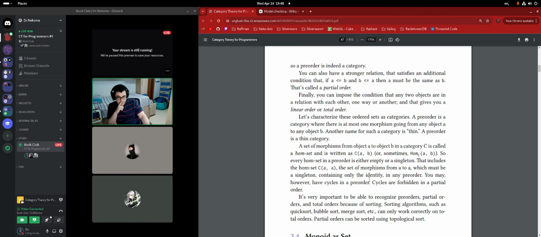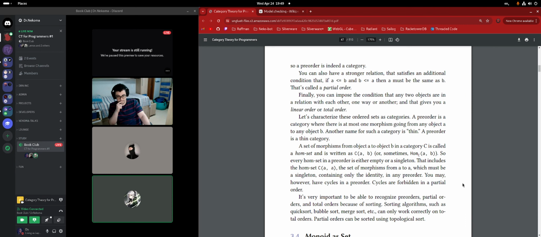Then we're going to define some nomenclature, like a glossary. We have a hom-set, which means that you have a category C with a set of morphisms from object A to B. One way to think about it is that a category is a directed graph, right?